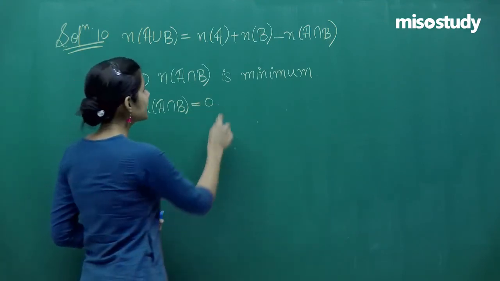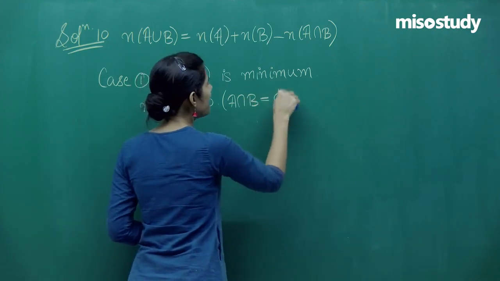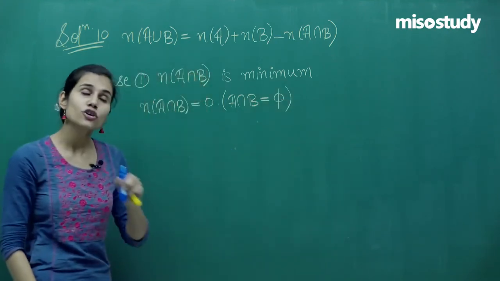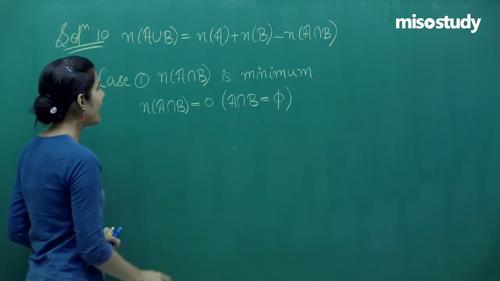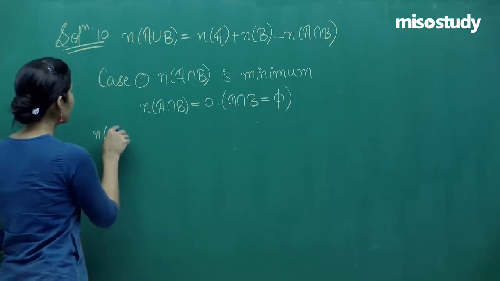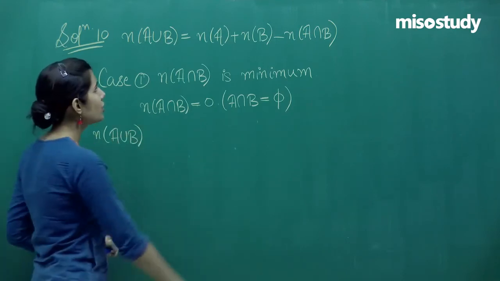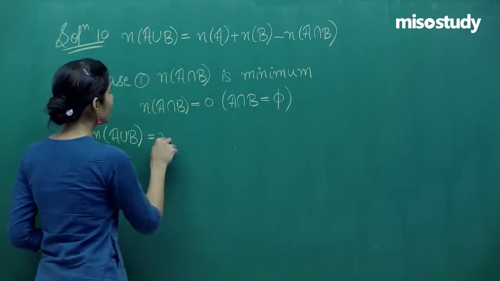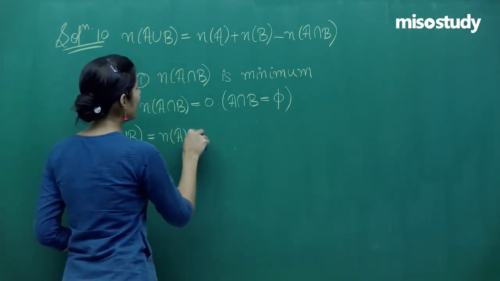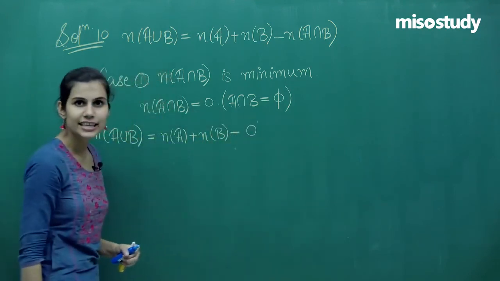This can happen when A intersection B is an empty set. That means there are no members which are common to A and B. Once you have this, the number of members in A union B will be maximum because I am reducing nothing. Therefore, this is equal to the number of members in A plus the number of members in B minus 0.